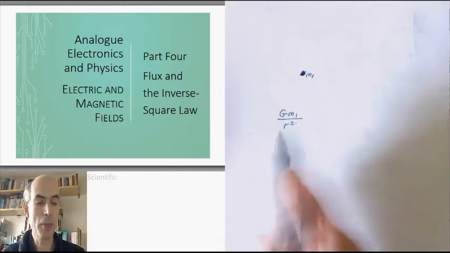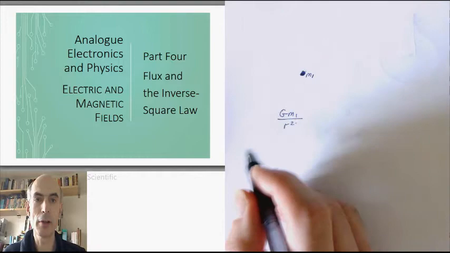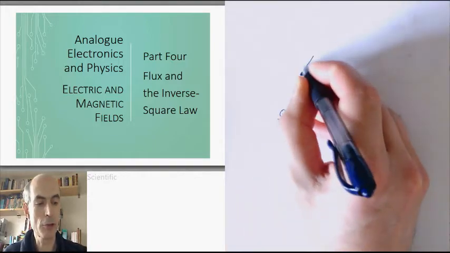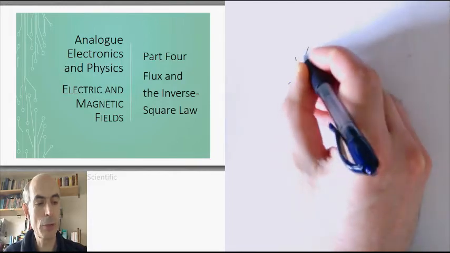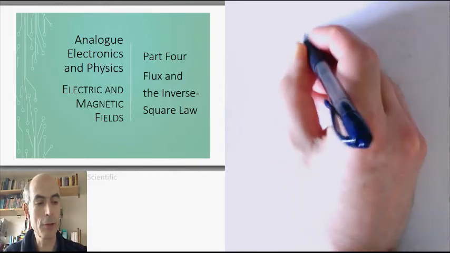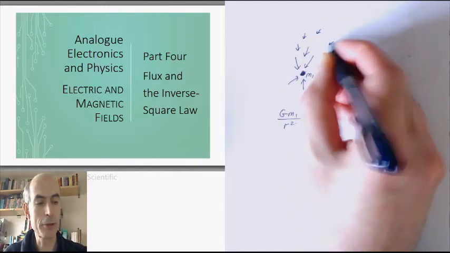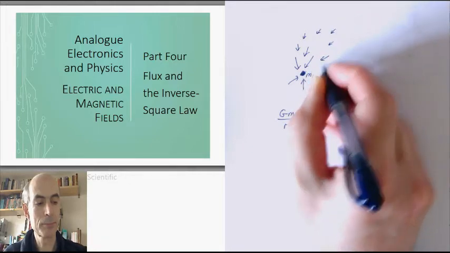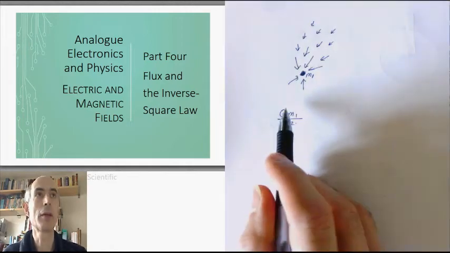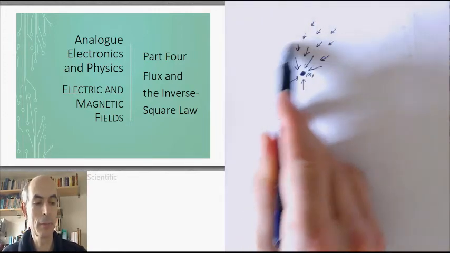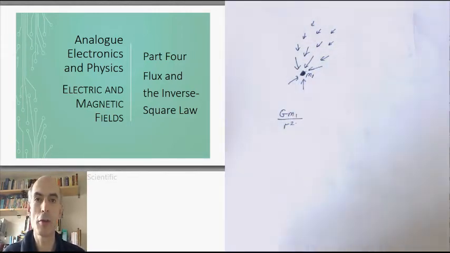And we can represent that in terms of the length of the lines. Have larger lines closer to the mass, and as we move away, the lines get shorter and shorter. And we'd end up with something like this, but the pattern continues all the way around the mass.